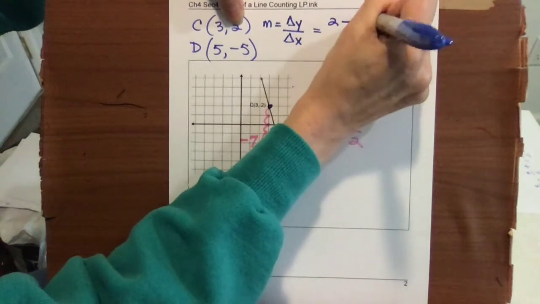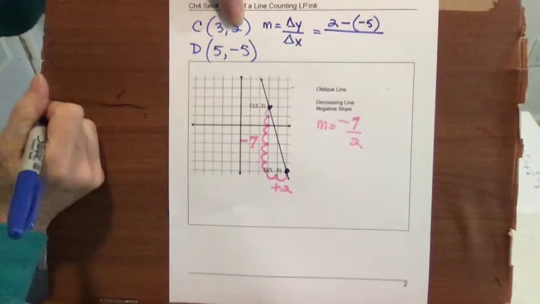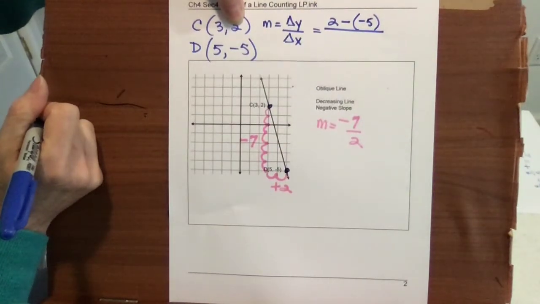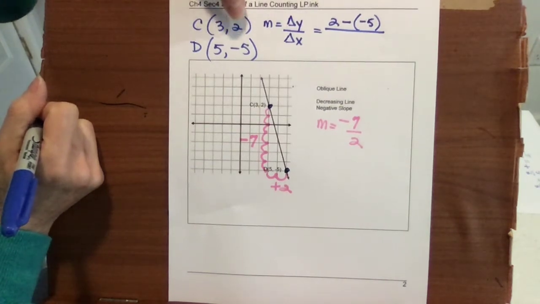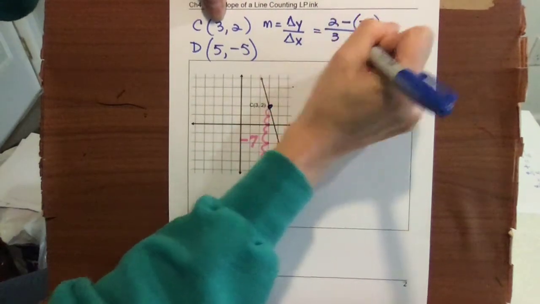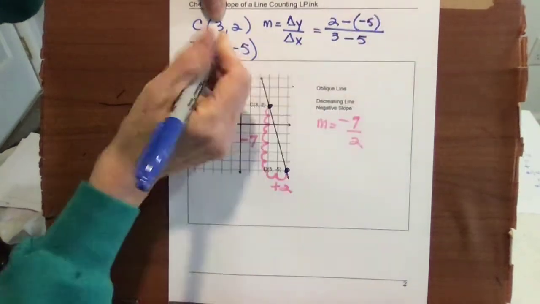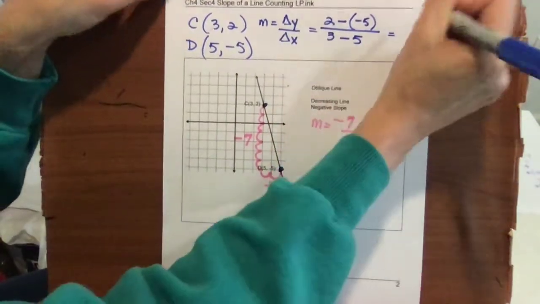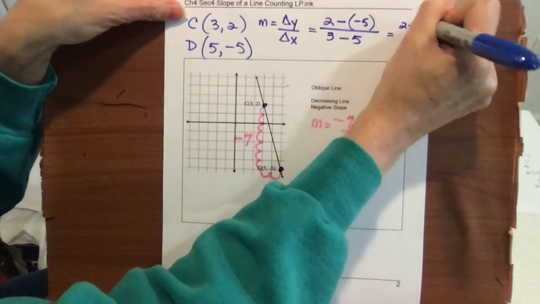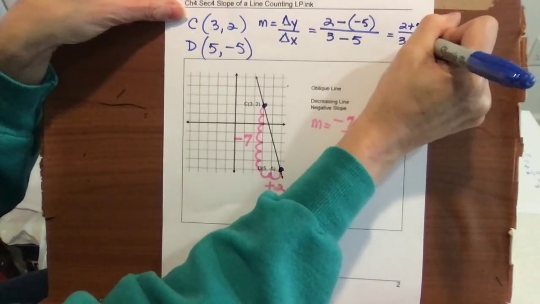It has nothing to do with the minus sign, so enclose it in parentheses and keep the negative on the 5. Then I'm going to subtract my x's. So since I started with y in point C, I have to start with x in point C. So 3 minus 5, so these two get subtracted. All right, cleaning this up, it's 2 plus 5 over 3 minus 5.